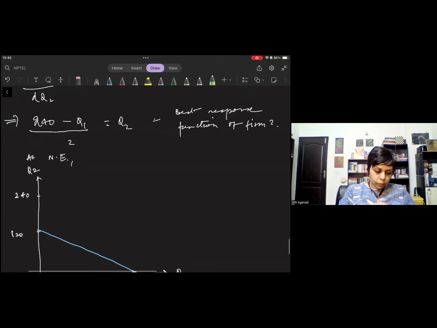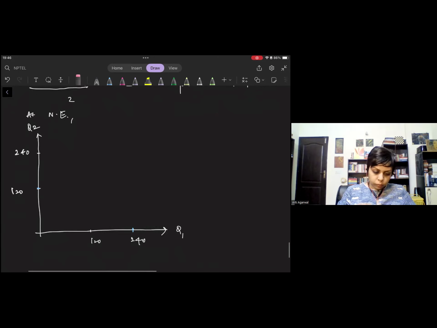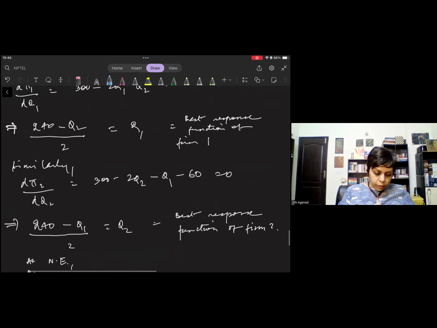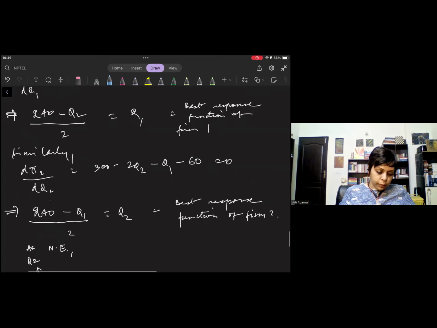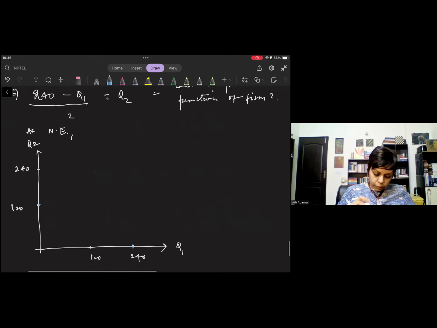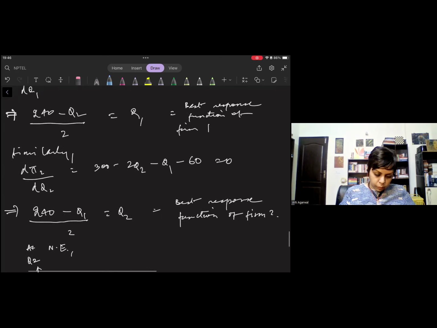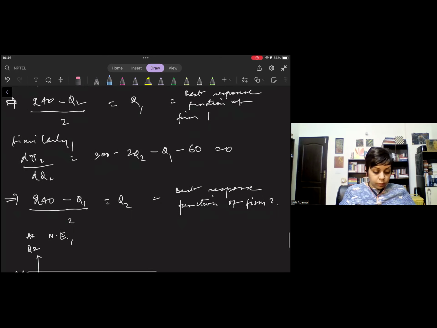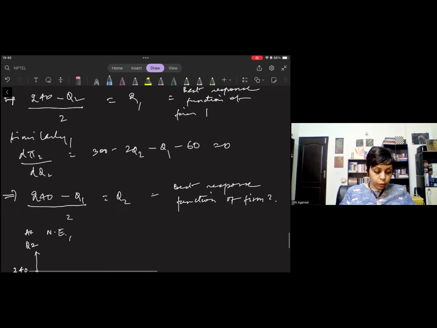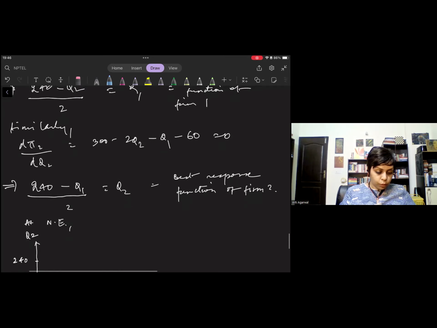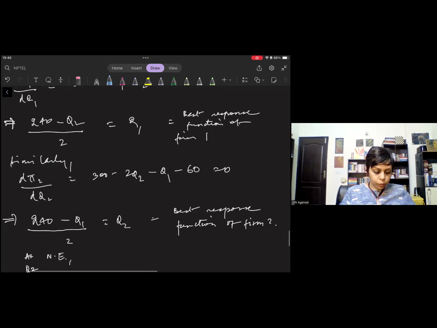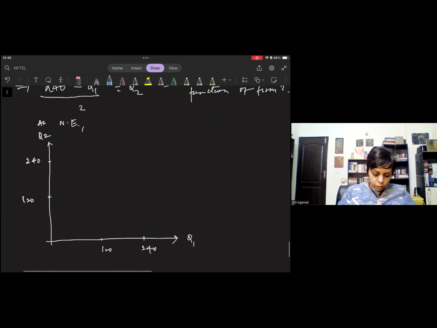Let me redraw this one. When Q1 is equal to 0, Q2 is 240, and at Q2 equal to 0, Q1 is 120. Yeah, that's why I was getting it wrong.